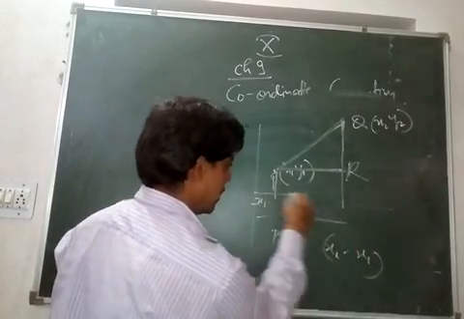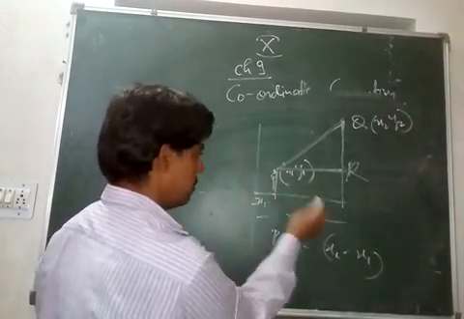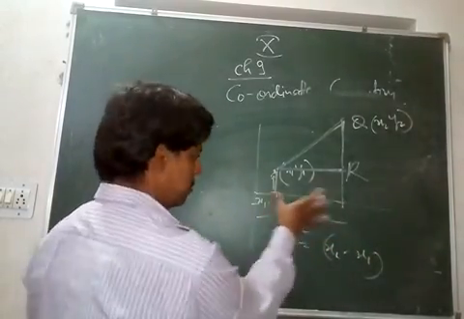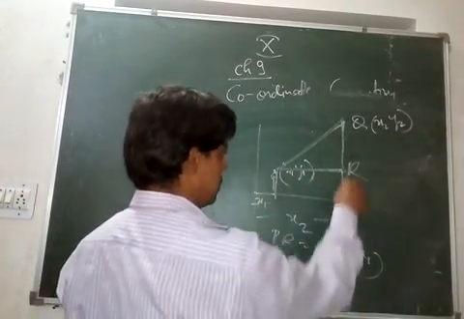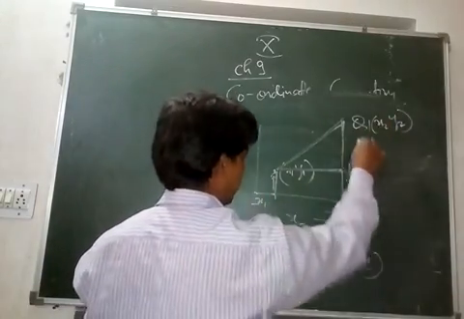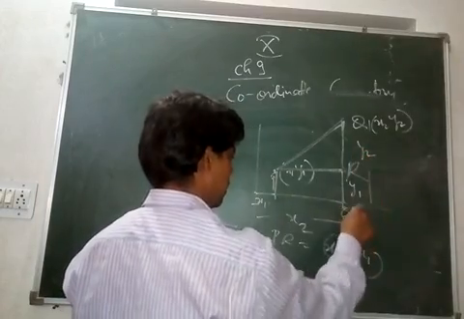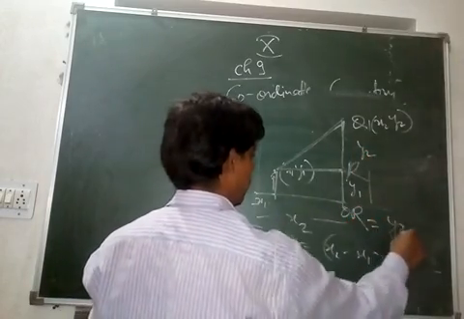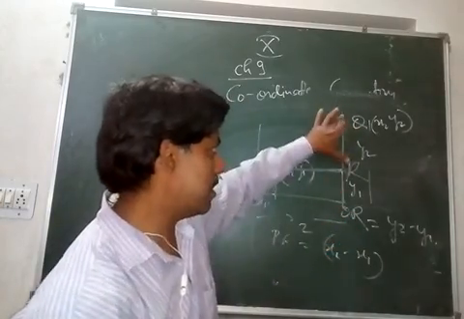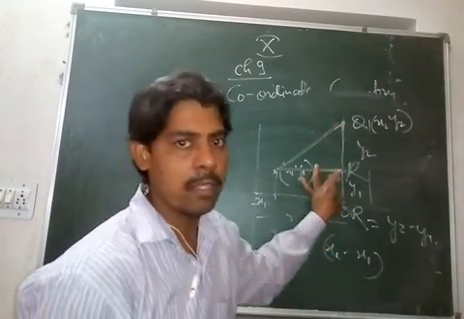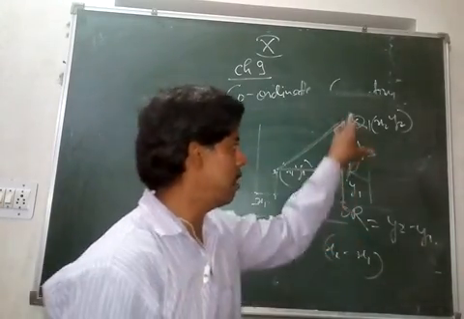See here, this is x2, this is x1. So this distance is x2 minus x1. And similarly QR, this distance, if you see, this is y1 and this is y2. So QR is y2 minus y1. How? This complete is y2 from here to here, and this is y1. So y2 minus y1 is QR.